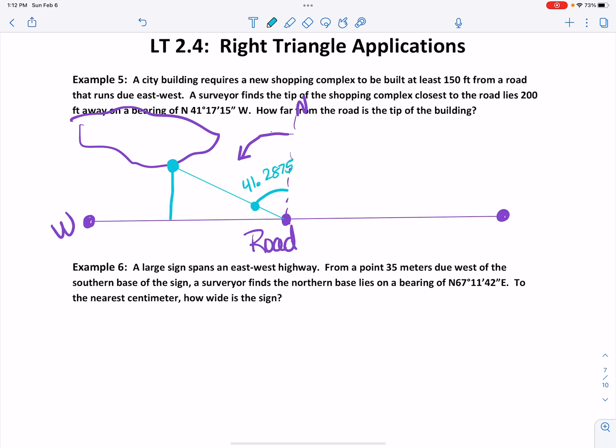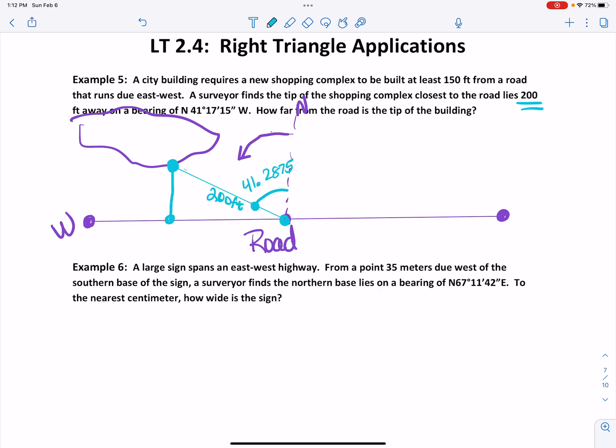If I draw this in, it says that it lies on that bearing 200 feet away. I don't know why I wrote 5, sorry. So that means that these machines that surveyors have can measure how far this distance is and the angle.